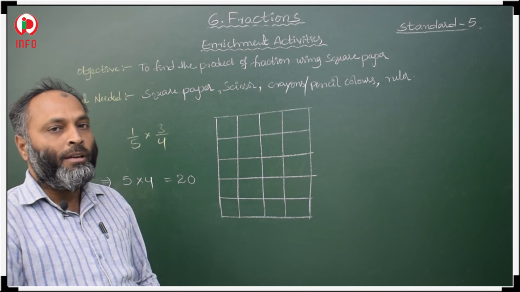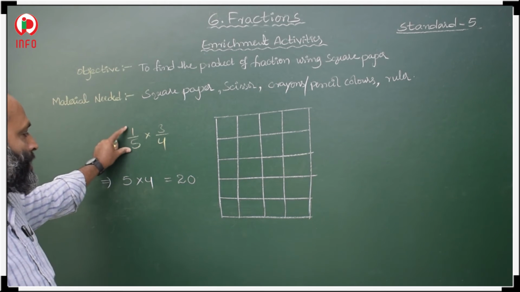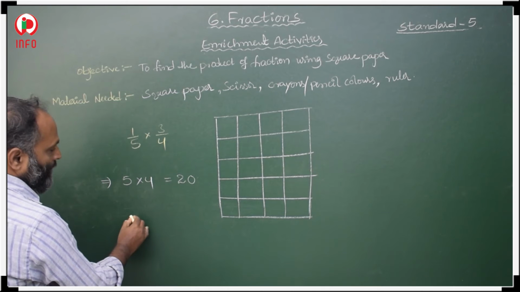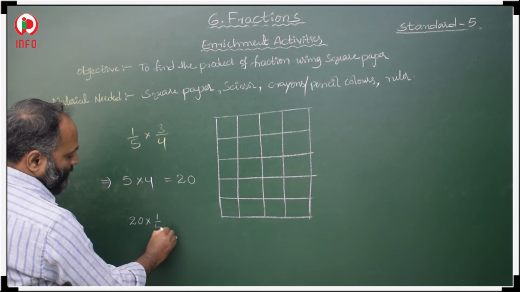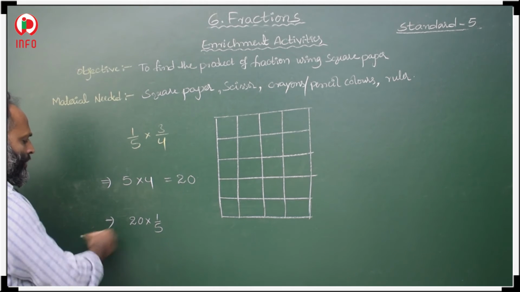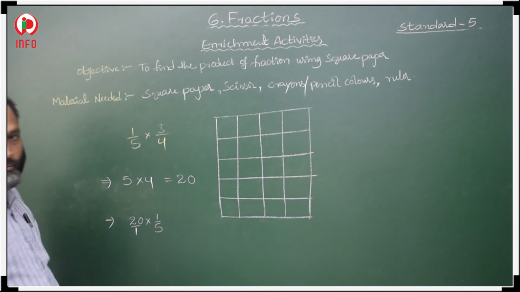After that, what do we have to do? We take the first fraction 1 by 5, so this 20 we multiply with 1 by 5. 20 into 1 by 5. Here the denominator of 20 is 1. This is a whole number, and when a whole number is given, the denominator is 1.